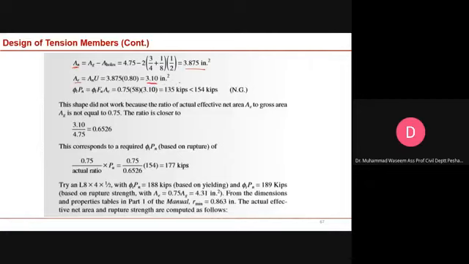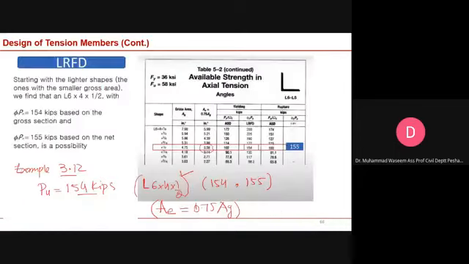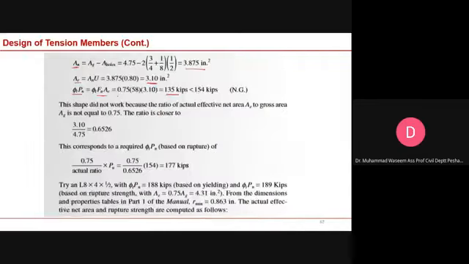So this is less. Now if you calculate the capacity in fracture, it comes out to be 135 kips. If you come back to this table, the capacity in rupture is 155, but actually with this U value and this effective area, you are getting this lower value. So this is the effective area and this is the gross area, and the ratio is 0.65.